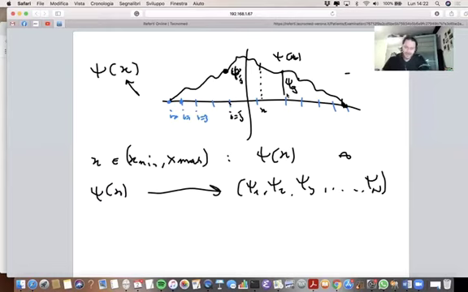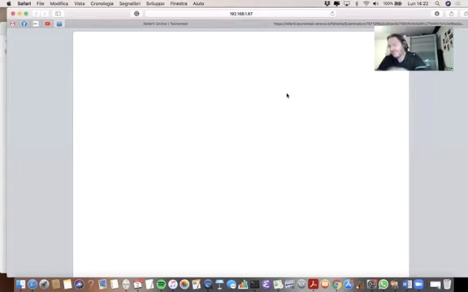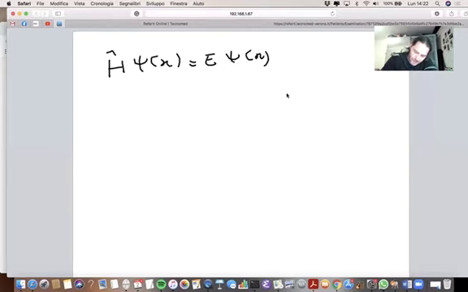Now, but if the function becomes numbers, vectors, what is an operator becoming? Because remember, quantum mechanics is defined by a Schrödinger equation. Now, this guy, after discretization, becomes a vector, which I can represent also with this vector notation, if you want.